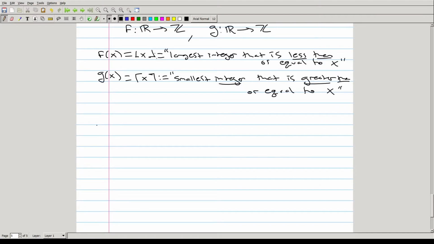So for example, the ceiling function of pi is going to be 4. The floor function of pi is going to be 3. Where pi is the irrational number, most commonly approximated at 3.14159.